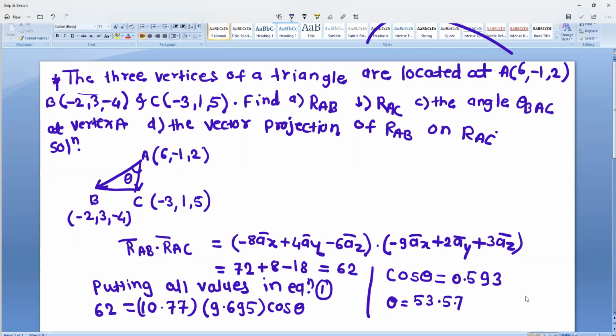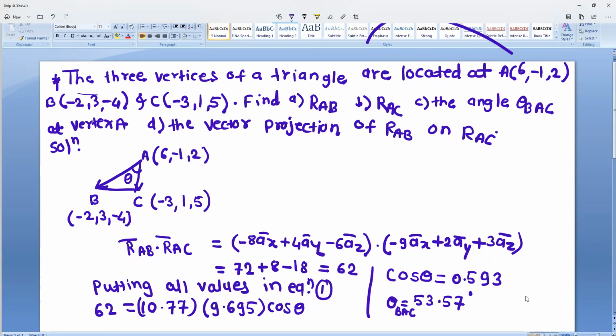Now this theta is at point A, so it is nothing but angle theta BAC. So theta BAC is equal to 53.57 degrees.